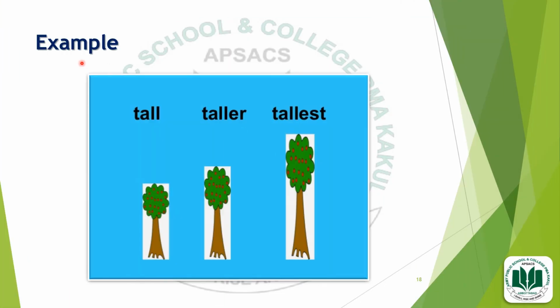Here we have another example. We have to compare these three trees. This tree is tall and this one is taller than the first one, and this tree is tallest. The thing which is taller than all given things, we will use the word tallest.